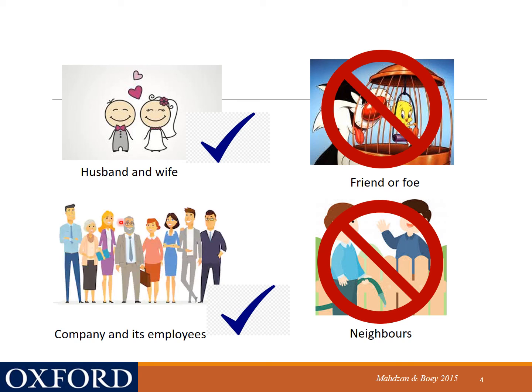So in the event the employees get sick, or if a key person, a key manager passes away, that might have a financial implication on the company. So the company can actually take up insurance policies to protect their employees. So in these two cases here, there is insurable interest, but not for these two cases.